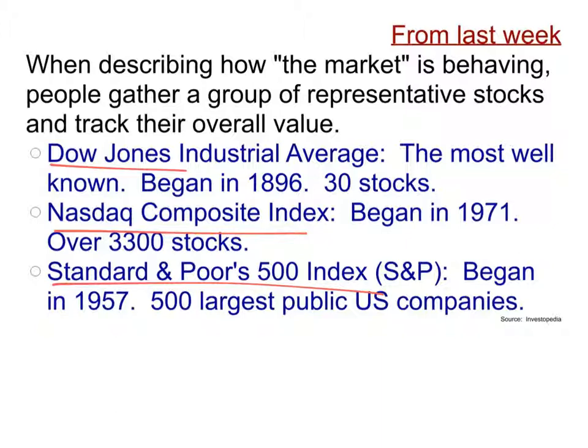That way, if one of them went down, the others are still okay. We're insulated from drastic changes in the market that way. But can you afford 500 stocks? Probably not, right?